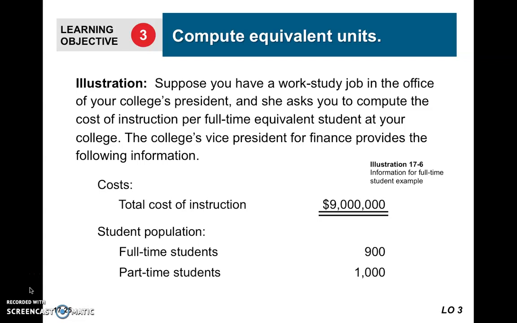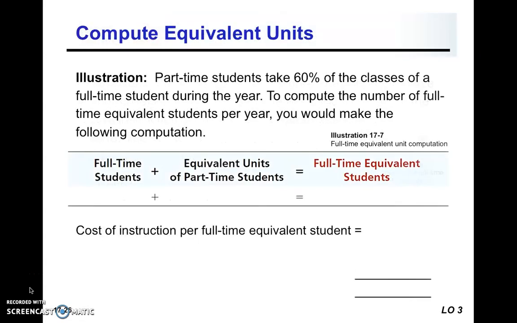We have 900 students that are full-time and 1,000 students that are part-time. A part-time student takes 60% of the classes that a full-time student takes during the year. So we need to convert, in a way, the part-timers into the equivalent of a full-time student. How do we do that?